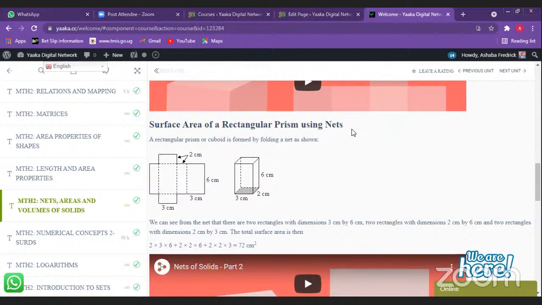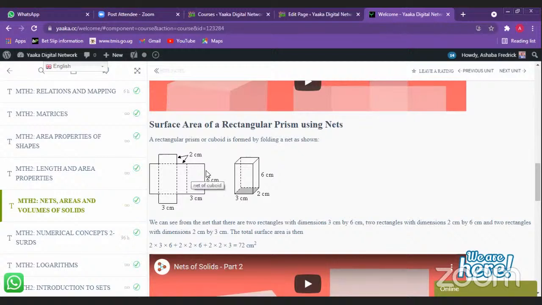Okay. So here, when we break this net, or when we split this rectangular prism, we have this side here, which is 3 centimeters, a side here, 2 centimeters, and the height is 6. When we open it, depending on how we have done it, this is what they obtained.